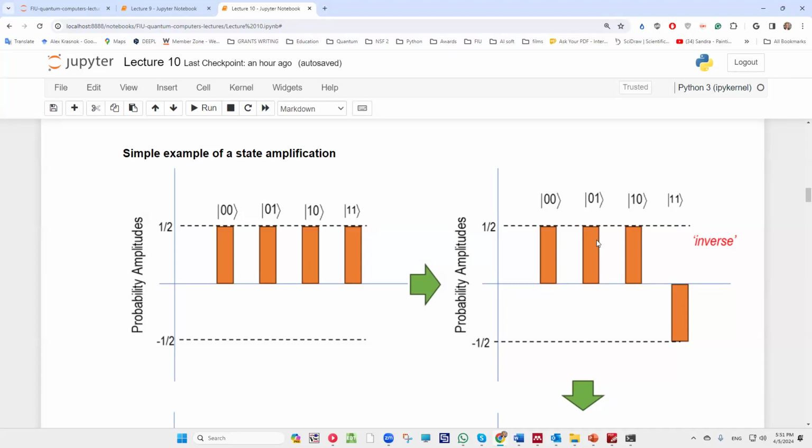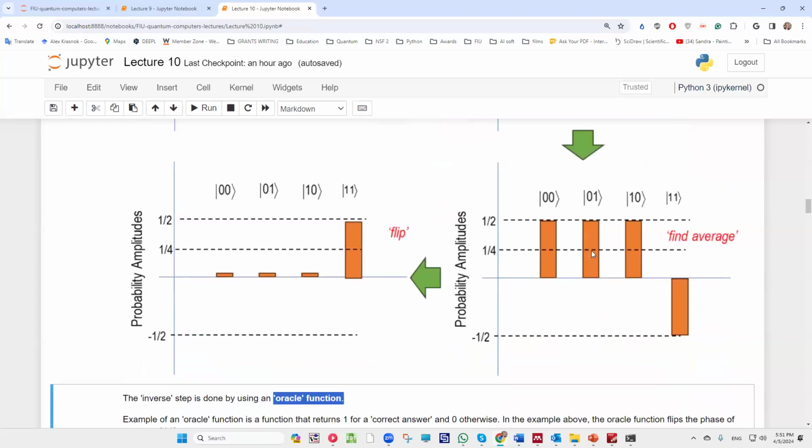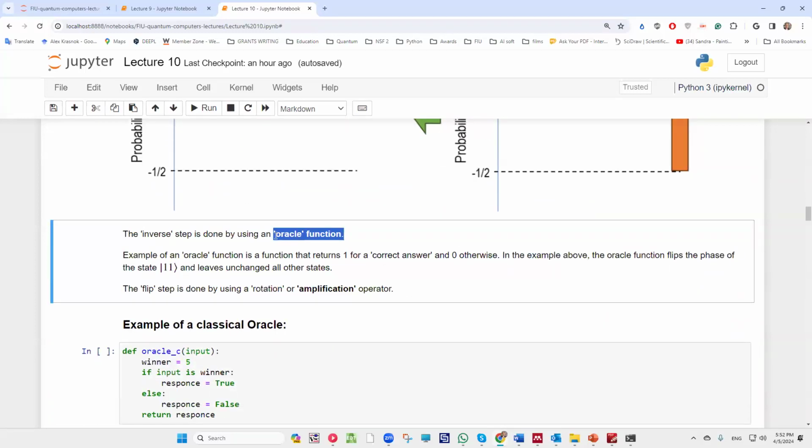For example, similarly, we could search for another element, this 0, 1 element here, right? Then this oracle will be designed to search for the specific element. And then the oracle would flip this second state in this example, and so on. So this is the oracle function.